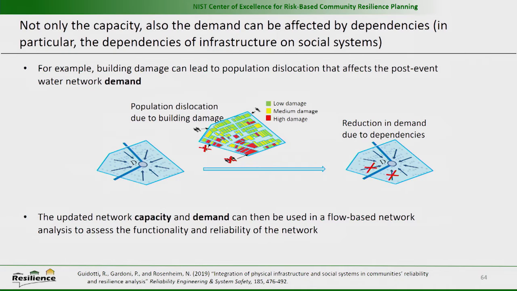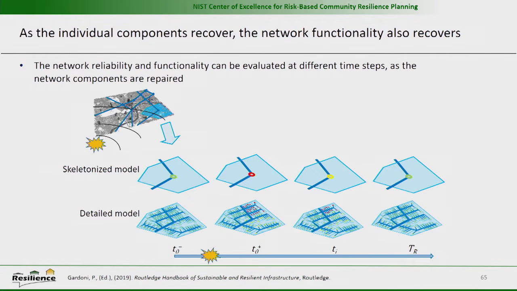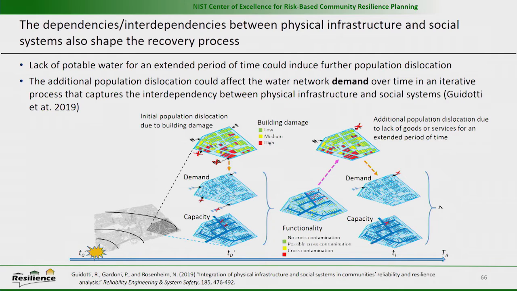So the updated network capacity and demand can then be used in a flow-based network analysis to assess the functionality and reliability of the network. As the individual components recover, the network functionality also recovers. And the dependencies, interdependencies between physical infrastructure and social systems also shape the recovery process.